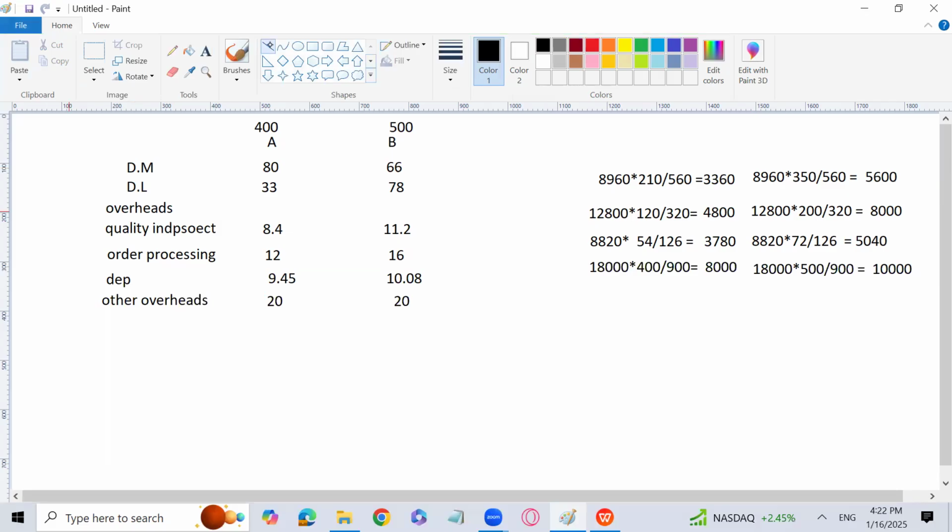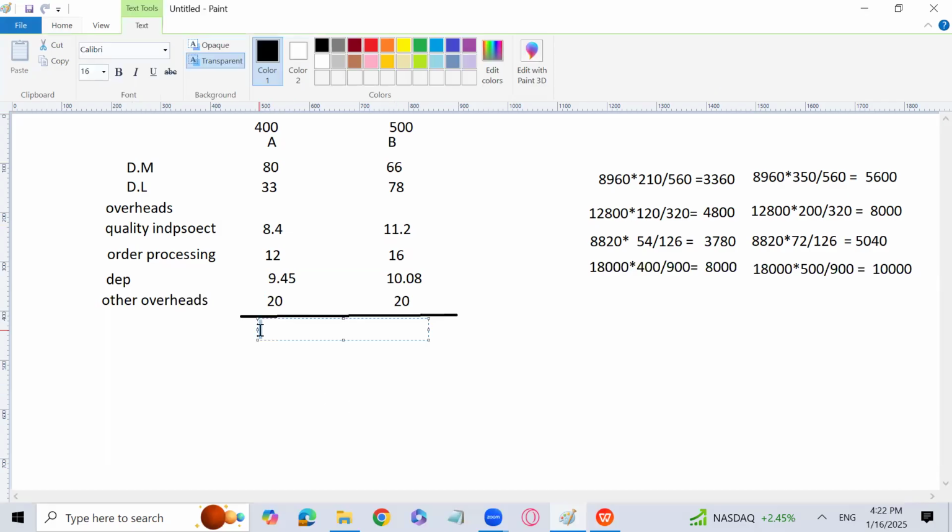And now I am going to calculate the total for this. Total overheads, yes: 49.85, and 57.28. Now I'm going to calculate the total cost per unit.